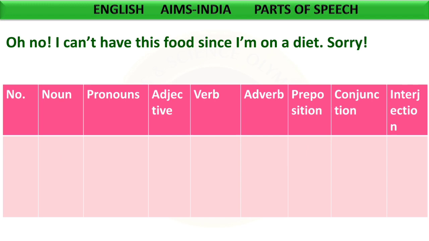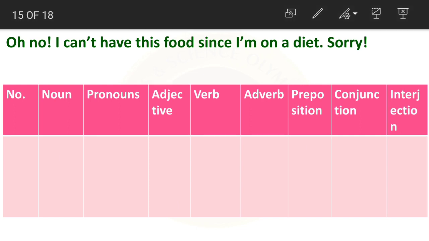Oh no, I can't have this food since I am on diet. Sorry. So you are having two exclamations here. Oh no. Sorry. These two show a strong feeling. What does that indicate? Which part of speech? That is nothing but an interjection. Which ones? Oh no and sorry.